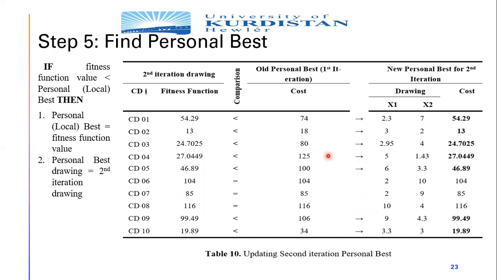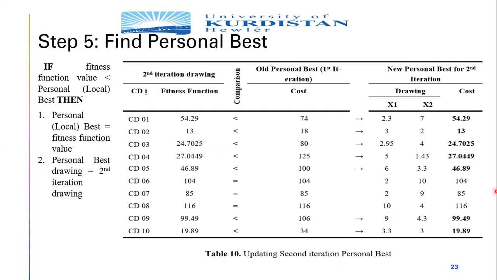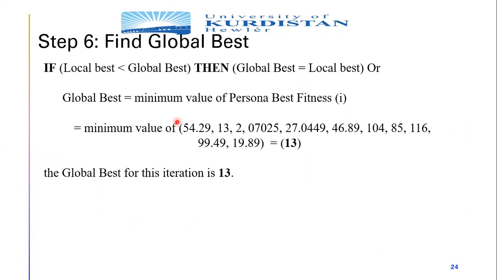So basically, these are the results, and you can see the first iteration and second iteration. Now, again, we found the local best is this one, which is 13. Among all of these, we put this one as the global best solution. So the global best solution equals 13 now in this iteration, because it is less than all of them.